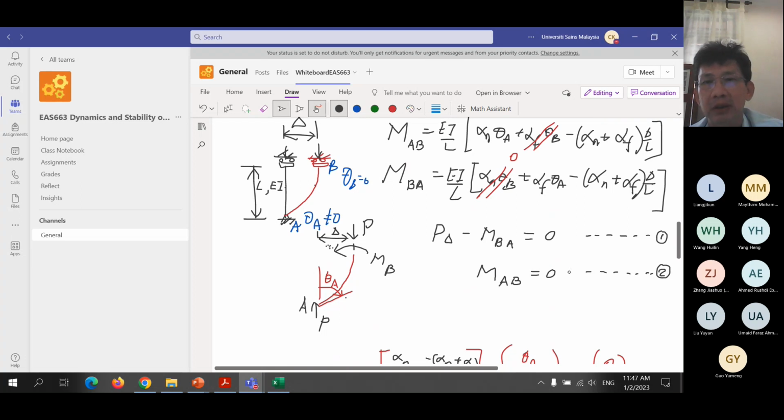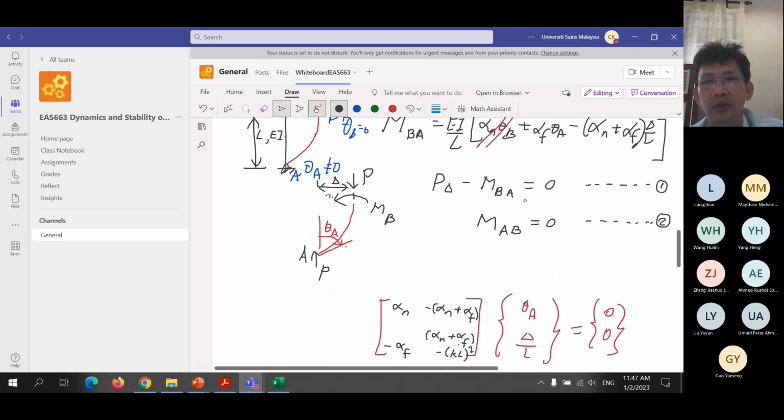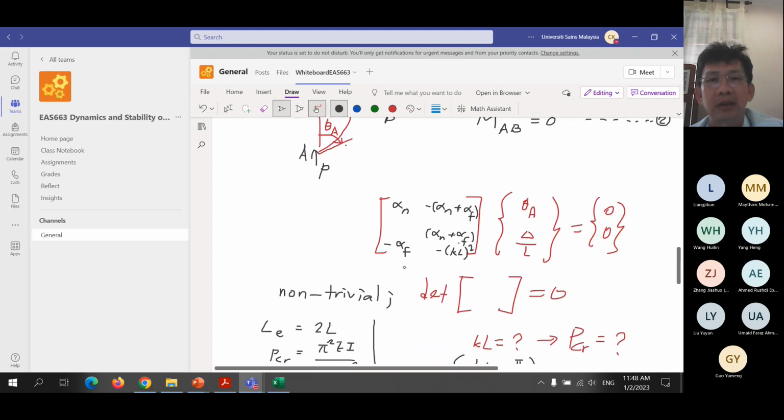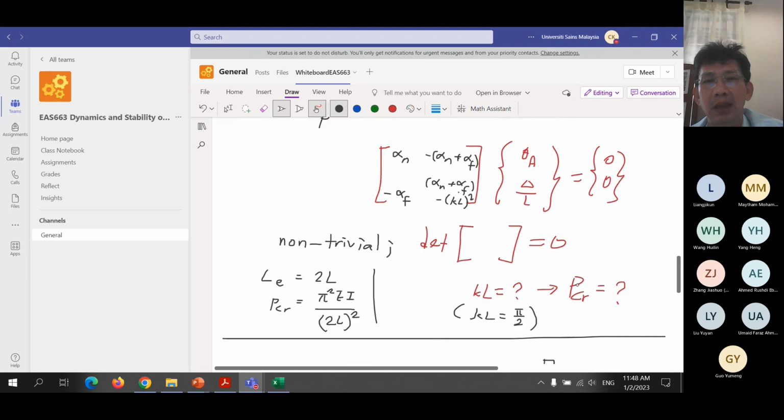So we have a second equilibrium equation, which is MAB must be 0. So these two equations will be solved together to get two equations involving theta A and delta over L. Then finally, in order to get equations where we can apply the condition of non-trivial solutions, which is that the determinant of this must be 0, we get an equation that we need to solve to determine KL. And after we get KL, then we can get P critical.